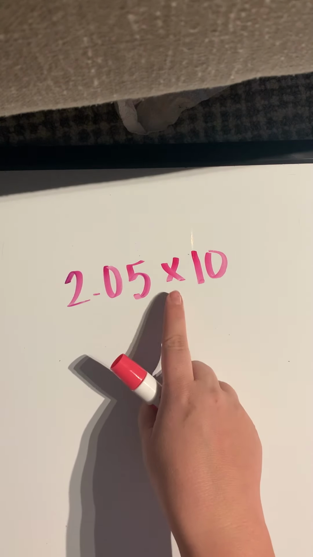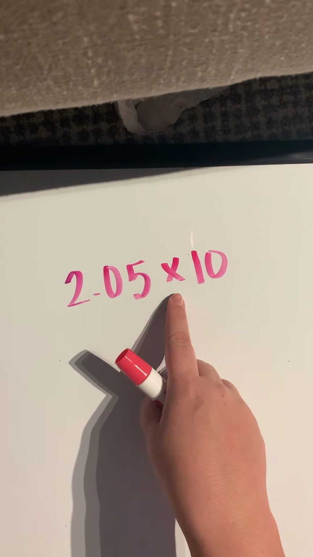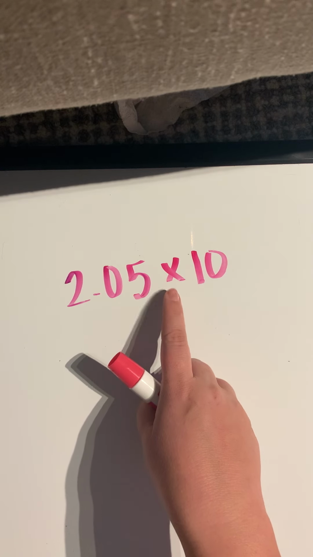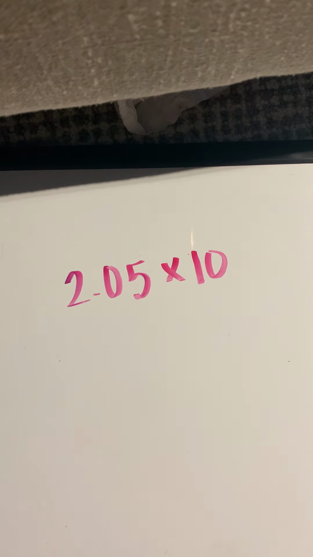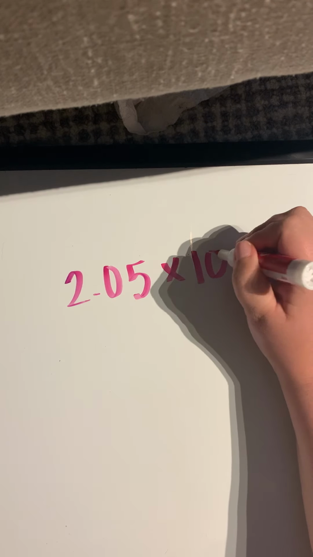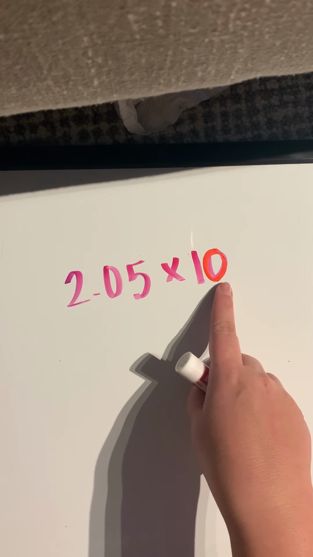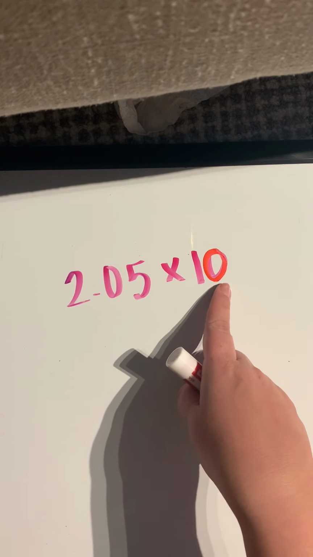Okay, does everybody see this multiplication problem? That's going to be a huge clue for you, okay? What we're going to do is look at our 10. How many zeros do I have in my 10? This is the same thing we did with whole numbers just a second ago. We have 1 zero, okay? Now that 1 zero is this little secret keeper almost.